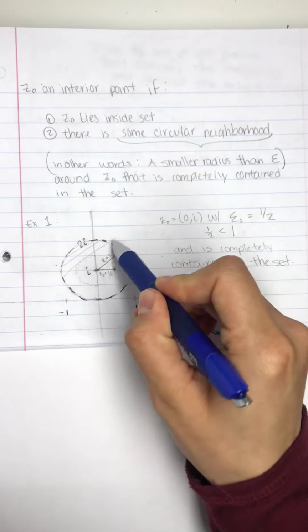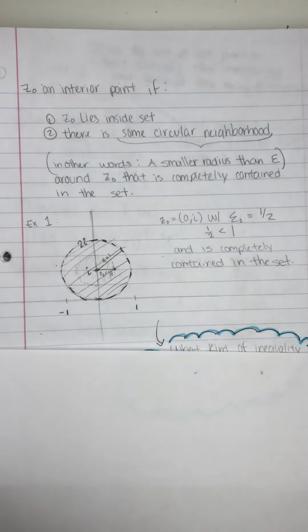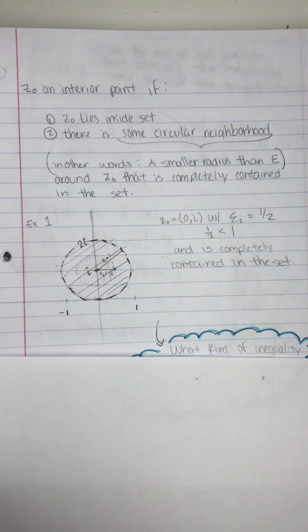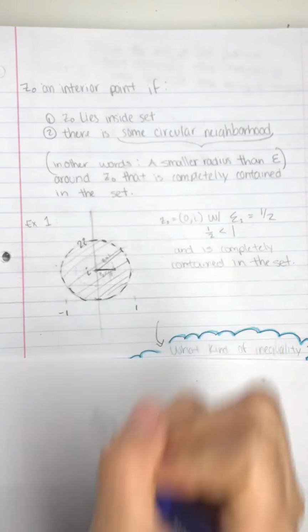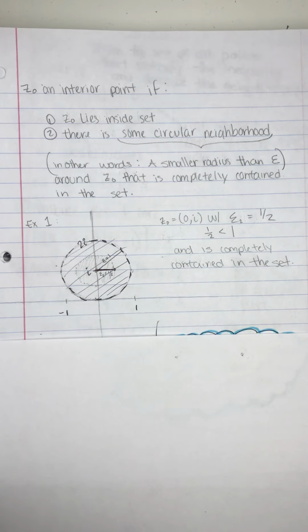The original set are all the points inside the circle, but not on the circle. And this smaller epsilon is contained completely within that set. So hopefully you have a better understanding.